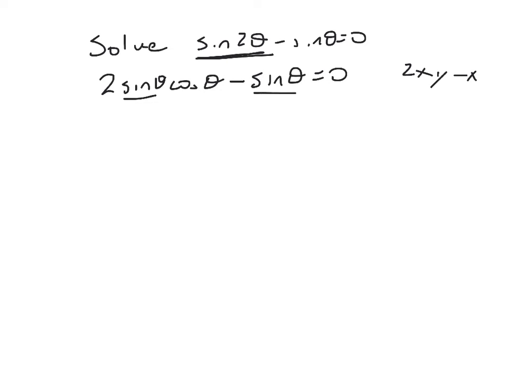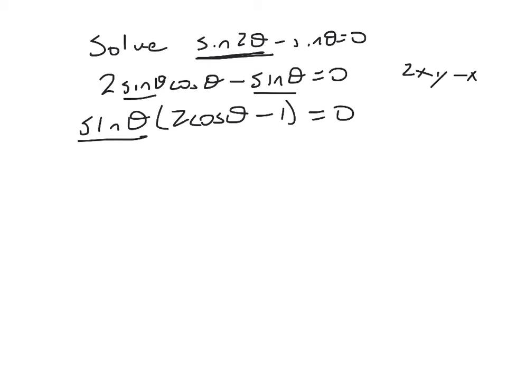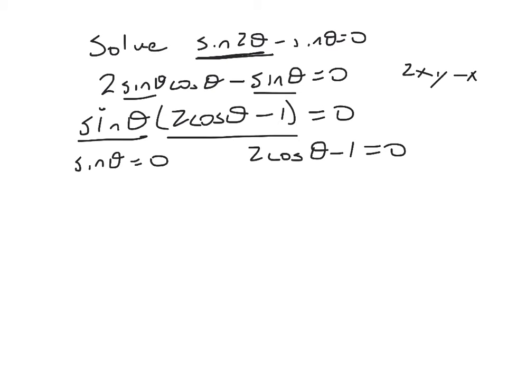These both have a sine in common, so I'm going to take out a sine theta, which is going to leave me 2 cosine theta minus 1. And now that I have it factored, I can set both factors equal to 0 and say that either sine of theta is 0 or 2 cosine theta minus 1 is 0, which really is going to mean that cosine theta equals 1/2.